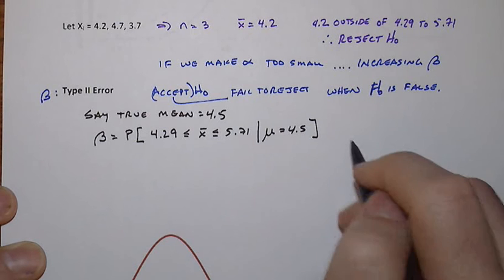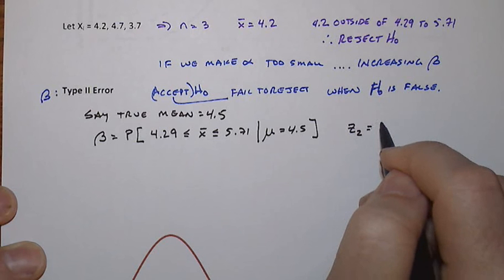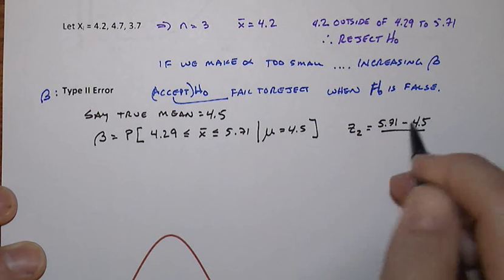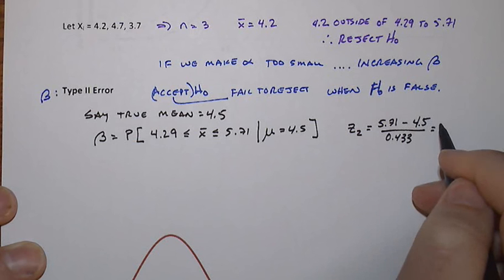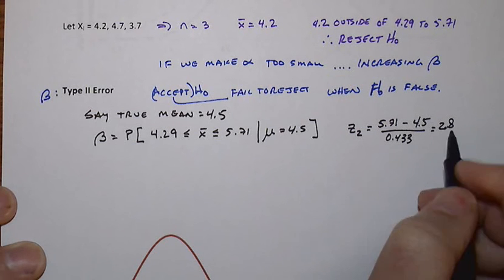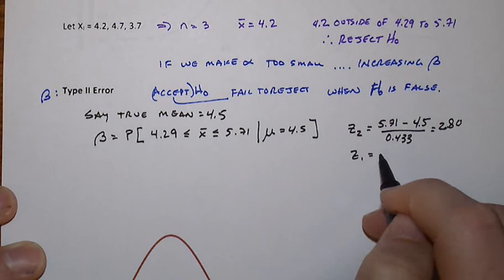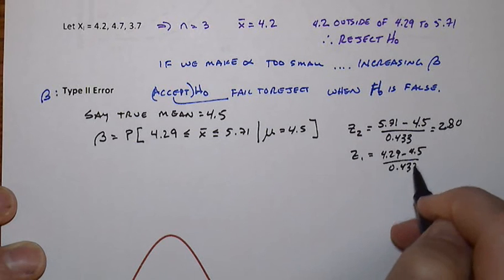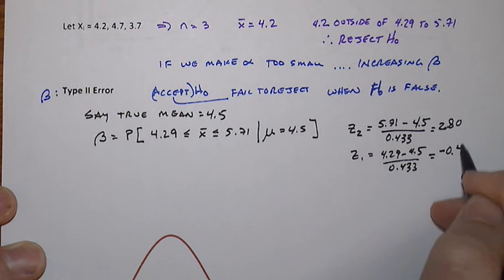And so our upper number here is Z2 equals 5.71 minus our new mean of 4.5 divided by 0.433. That hasn't changed. So that's about 2.8-ish and change, 2.80 if you carry out enough digits. And Z1 is equal to 4.29 minus 4.5 over 0.433, and that's about equal to negative 0.49.